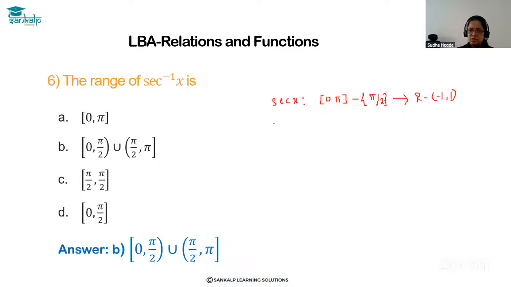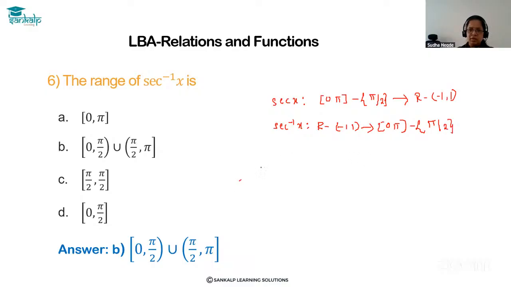So since it is bijective, it is invertible. Therefore, secant inverse x is defined from R minus (-1, 1) to 0 to pi minus pi by 2.